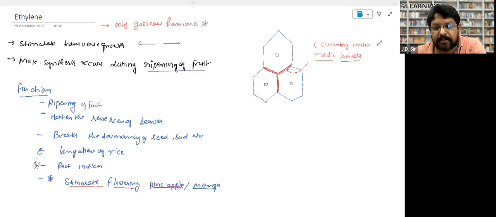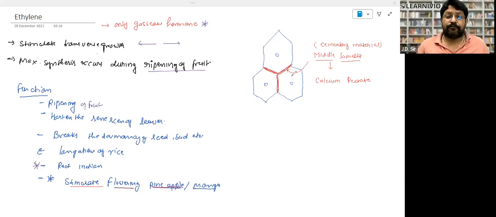This cementing material, middle lamella, what is its chemical composition? The chemical or organic compound which makes the middle lamella is also important. That's why I'm discussing each and every point. This middle lamella is made up of calcium pectate. Calcium pectate is a hard substance, right?